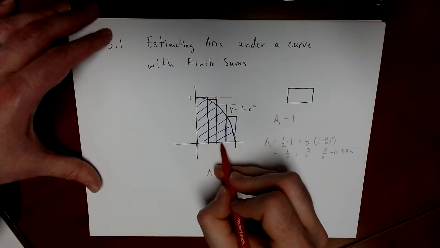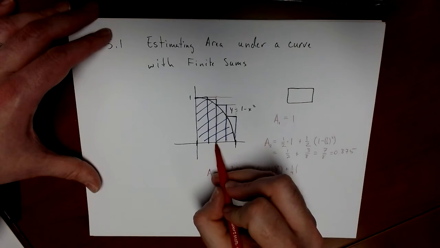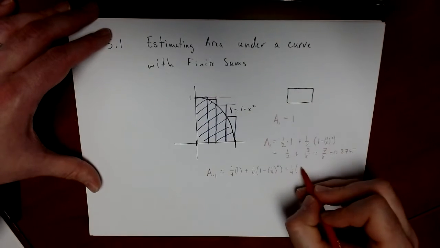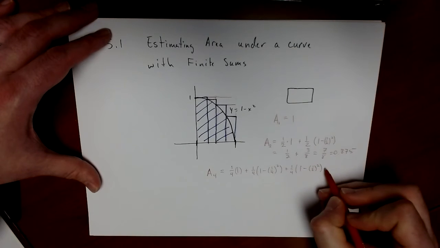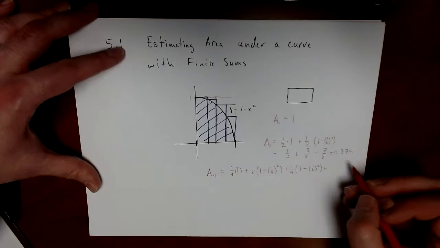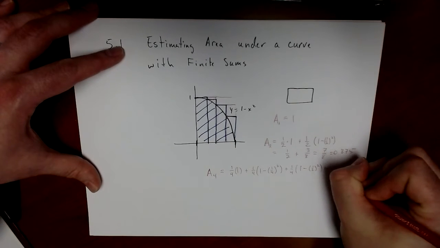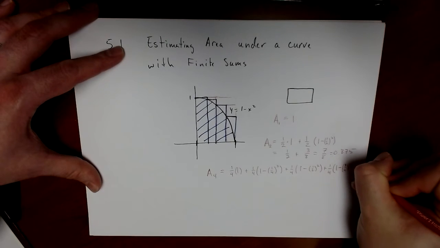And then this one has a base of 1/4, and its height is 1 minus 1/2 squared. That's the third rectangle, and the fourth rectangle is going to have a base of 1/4 and a height of 1 minus 3/4 squared.